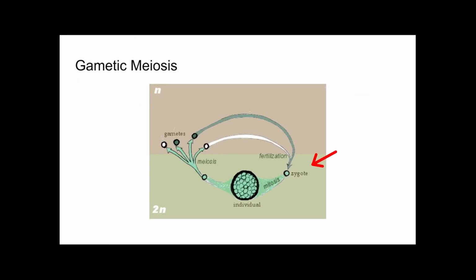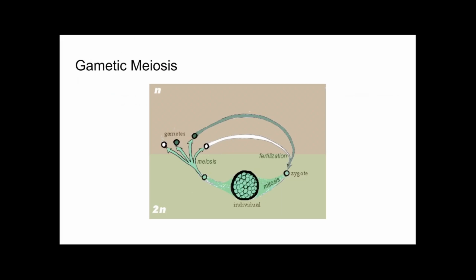In our case, most of our life cycle is spent as this 2N individual. That is, after fertilization, we continue growing, we develop, we mature, we reproduce, we take care of our offspring. What we think of as life is in this 2N state, at least for us.